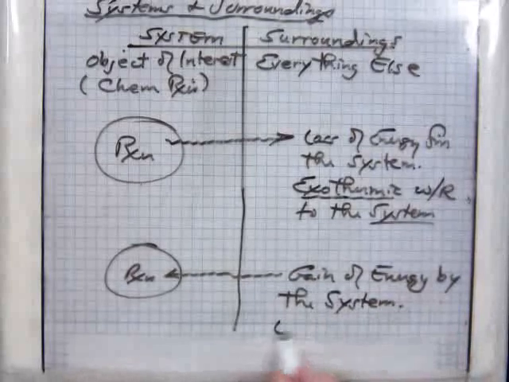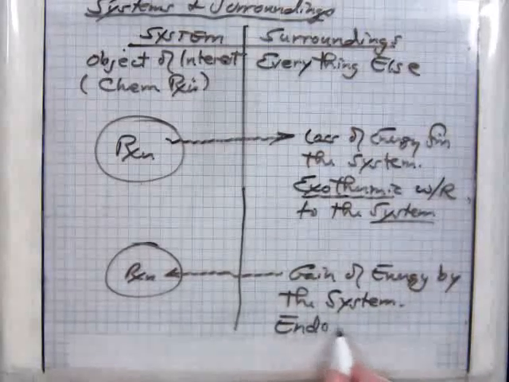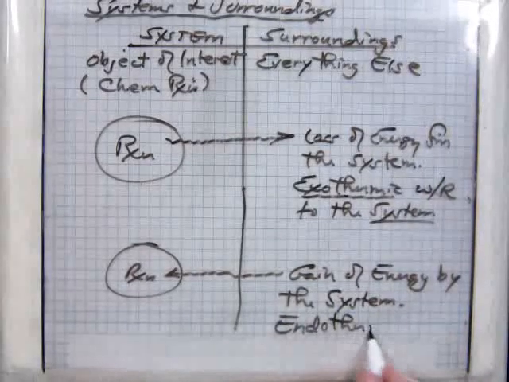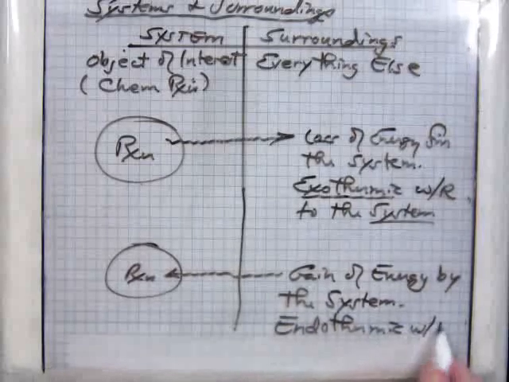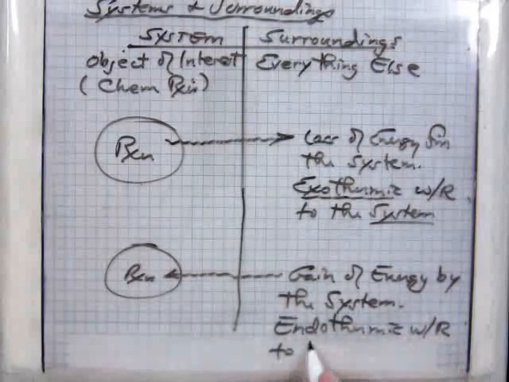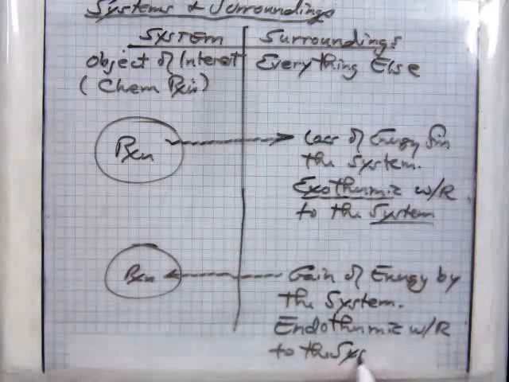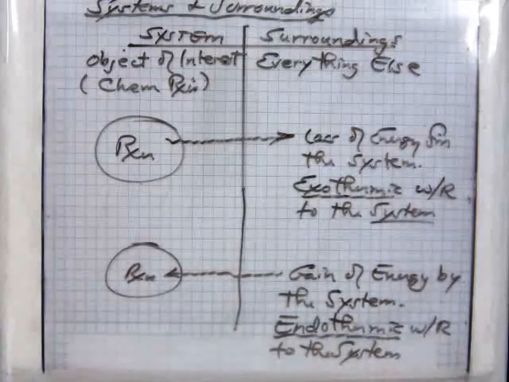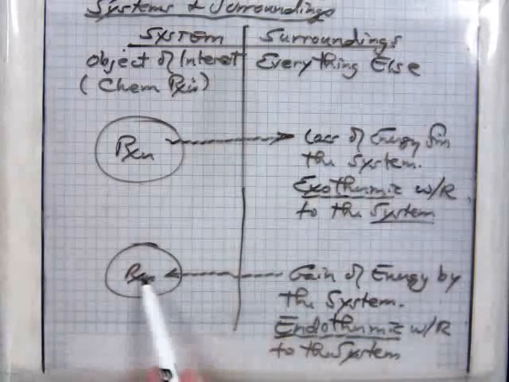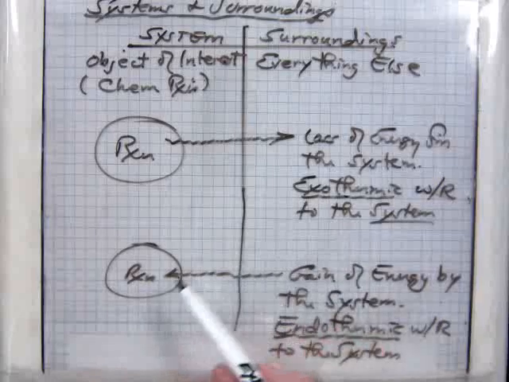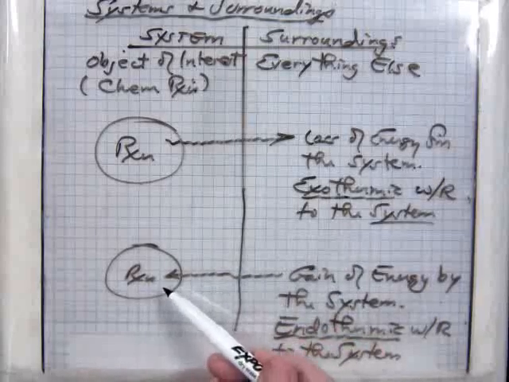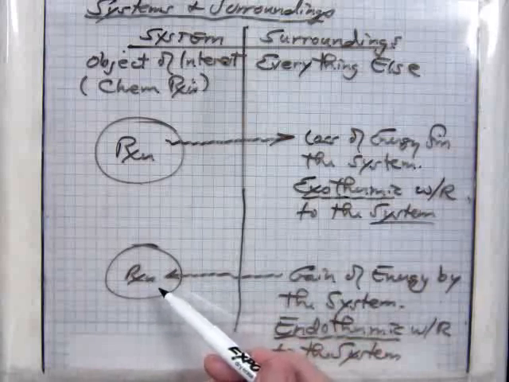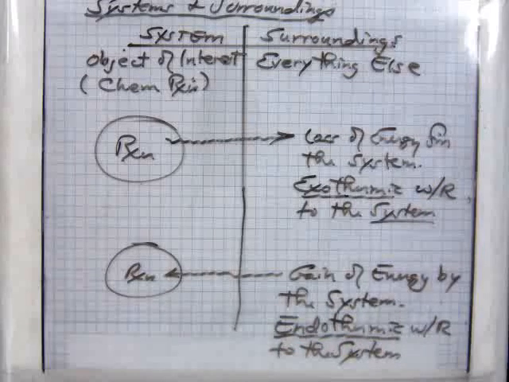And this is referred to as endothermic with respect to the system. Because you have to keep that in the back of your mind intuitively, because it is exothermic to the surroundings. But in the discussion, we want to emphasize that it is taking energy into whatever the reaction is that we're simply looking at.